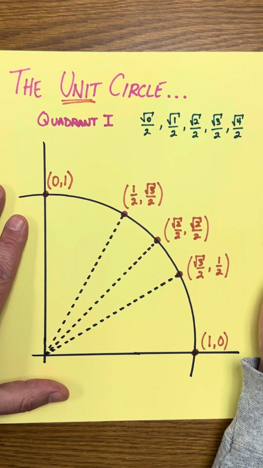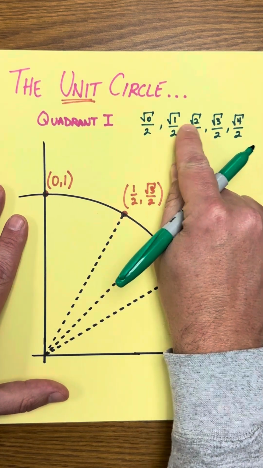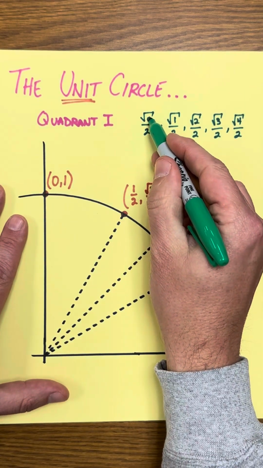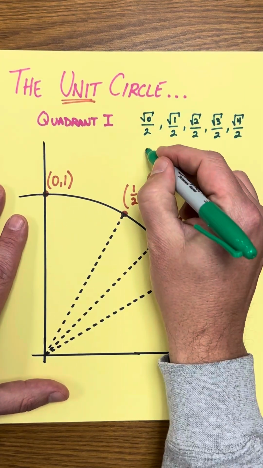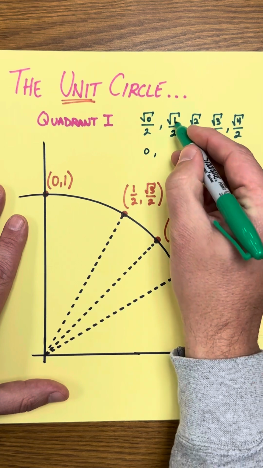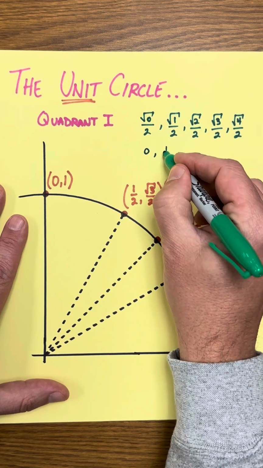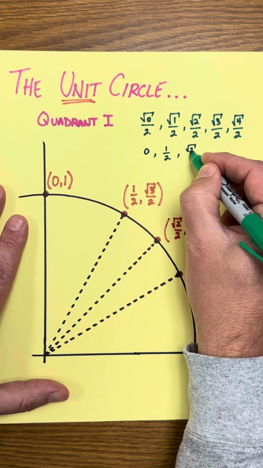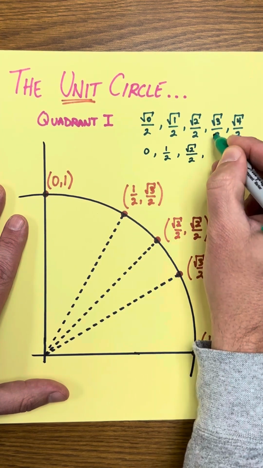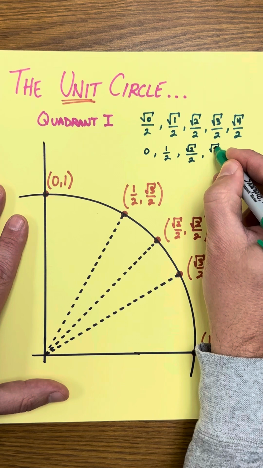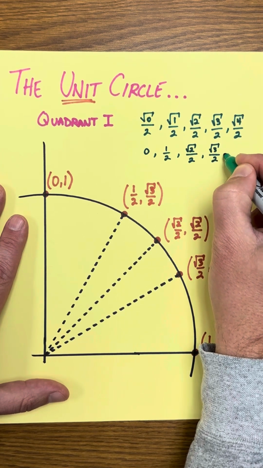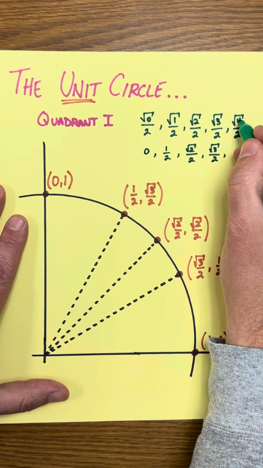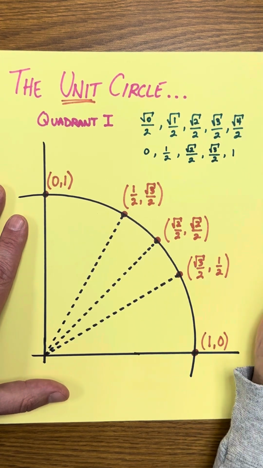So you can see the number under the square root has just incremented by 1. Well, the square root of 0 divided by 2 is just 0. The square root of 1 divided by 2 is 1/2. Square root of 2 divided by 2 doesn't simplify. Square root of 3 divided by 2 doesn't simplify. The square root of 4 is 2, and 2 divided by 2 is 1.